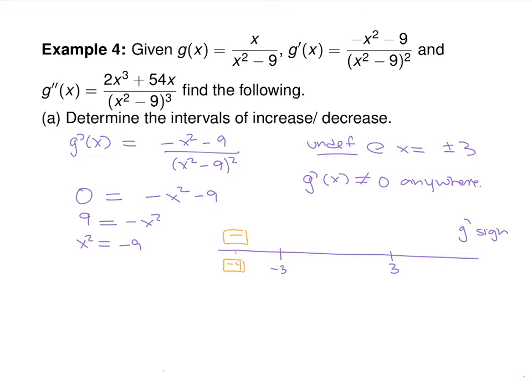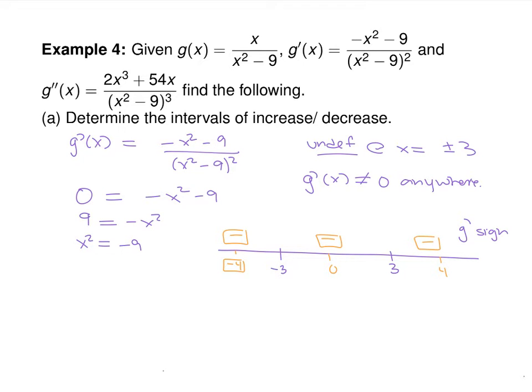Okay, how about testing something like 0? Numerator will be -9 in that case, right? The denominator will be +81, so the denominator is always positive, exactly, no matter what. So really the numerator is all that matters. And I'm pretty sure testing 4 is the same as testing -4 because you're squaring, right?